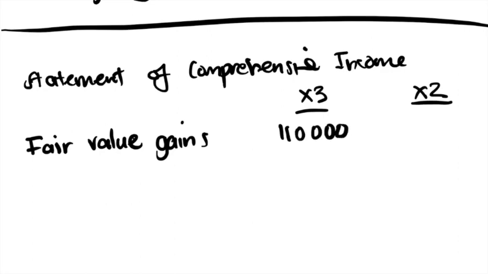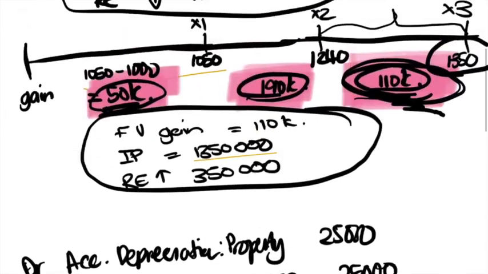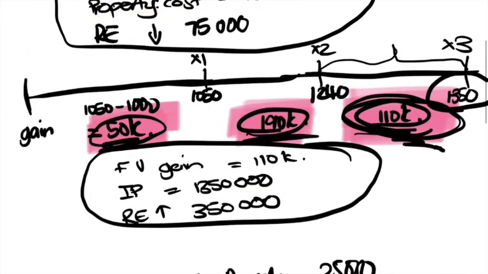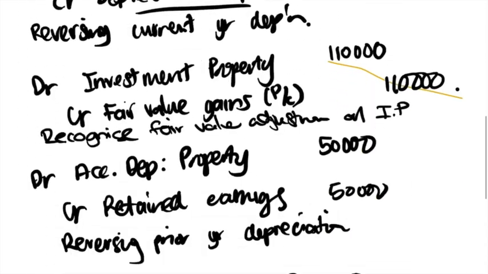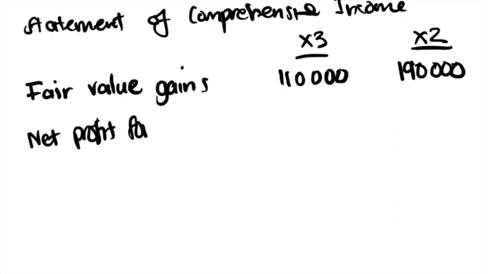That was what we recognized. And for the comparative period, if we go up here, we can see that we have a fair value gain of 190,000. So we would put that 190,000 over there in our comparative period. And then we can also just close off with our net profit for the year.